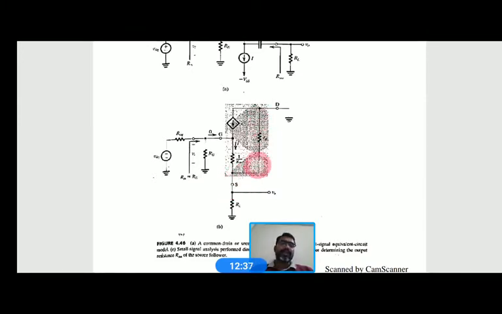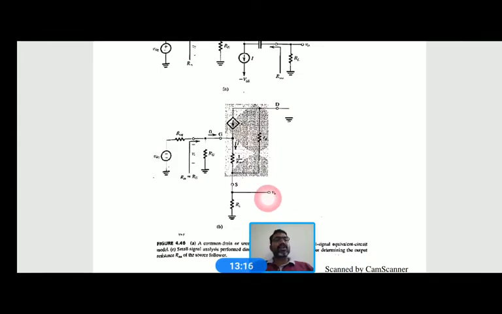One terminal of the R0 is connected to the source, another terminal is connected to the ground. Hence the R0 is connected between source and ground, and RL is also connected between source and ground. So therefore R0 and RL both are in parallel here. So the total resistance between source and ground is R0 parallel RL. Right, not only R0. So the voltage across R0 parallel RL is the output voltage V0.